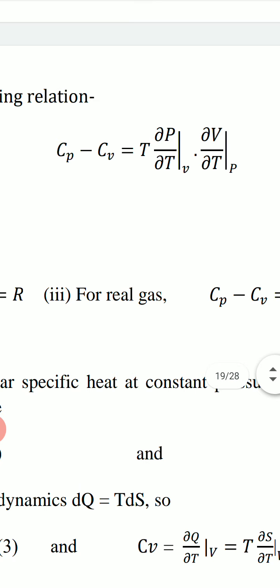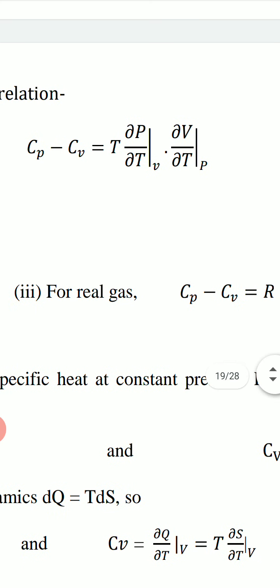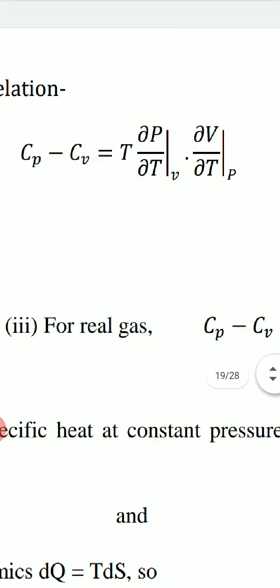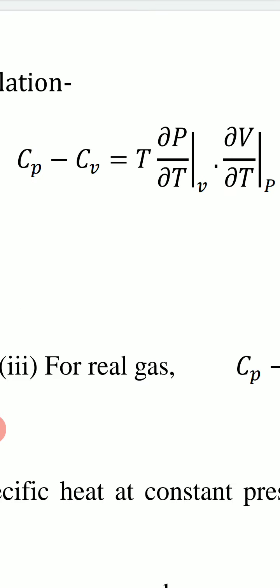First of all, we will prove this relation Cp minus Cv equal to T delta P upon delta T at constant V into delta V upon delta T at constant P. Cp and Cv, these are molar specific heats.